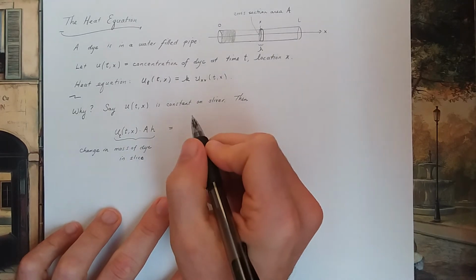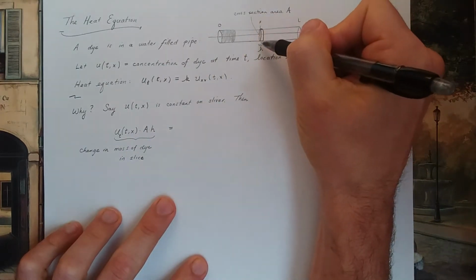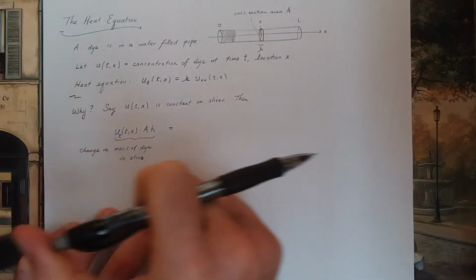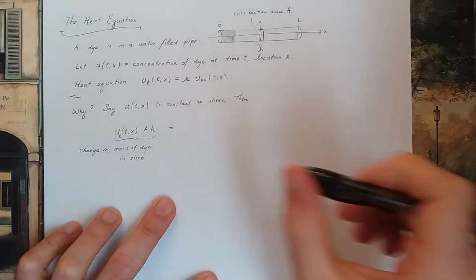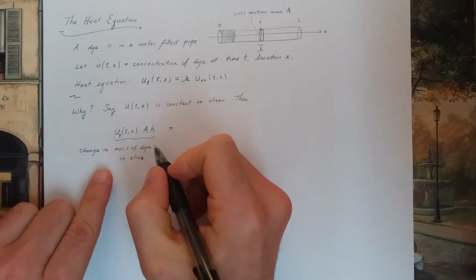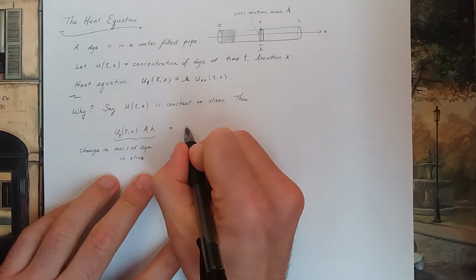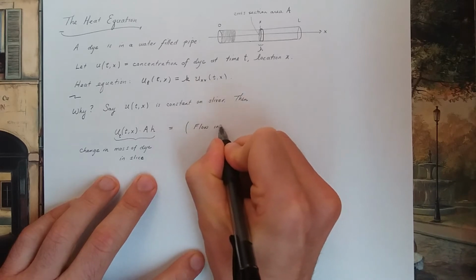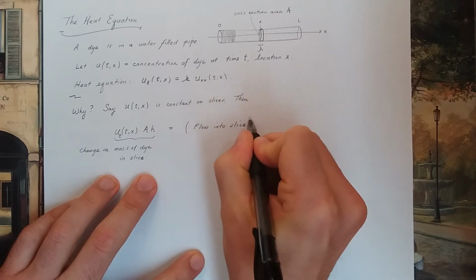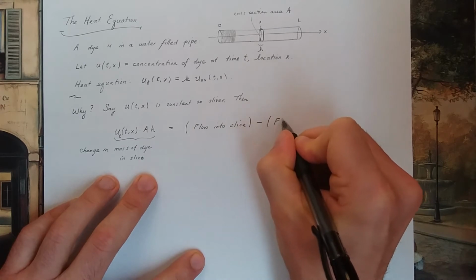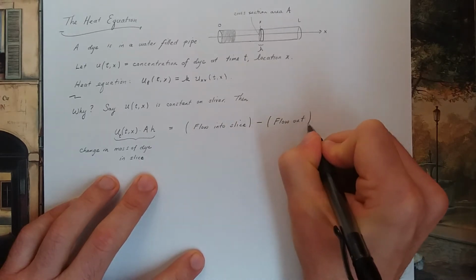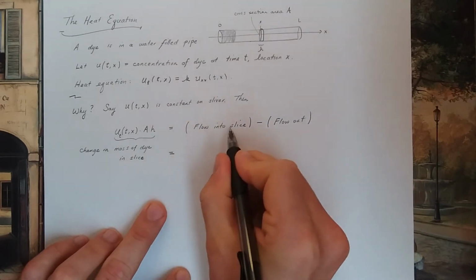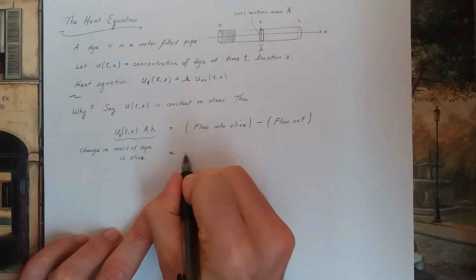Now, you can keep track of the amount of mass in the slice by calculating how much dye goes into the slice and how much leaves. So the change in the mass of the dye is equal to the flow into the section minus the flow of dye out of this slice. Now, the flow into the slice, I'm going to say is the following.